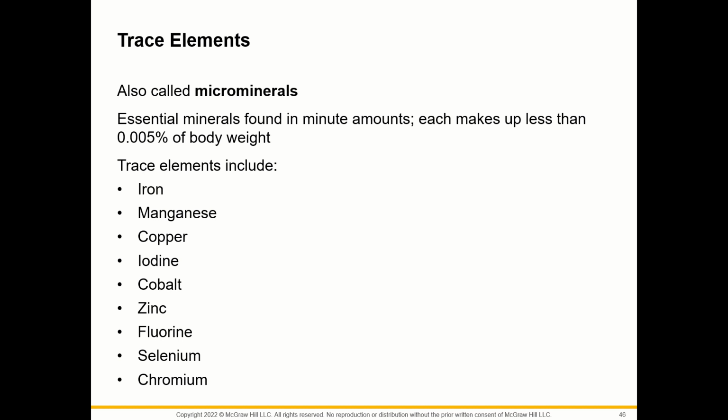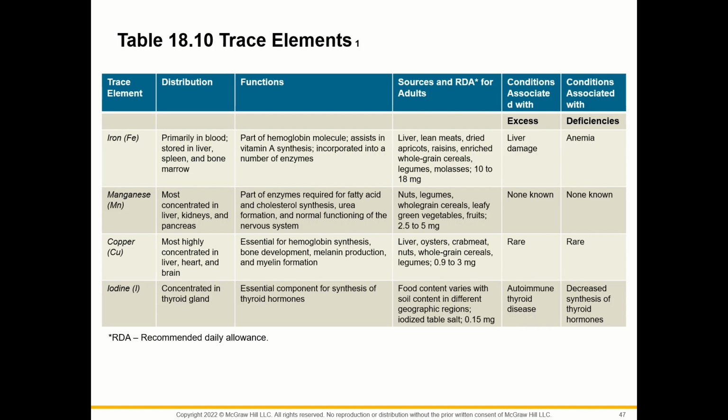Already you recognize iron, that's essential for the hemoglobin molecule and to transport oxygen in your blood, and iodine is essential for proper thyroid functioning. And we know that copper and zinc are important for the heart as well as other metabolic processes. Zinc is also an immune system booster, as we know. So Table 18.10 summarizes the trace elements.